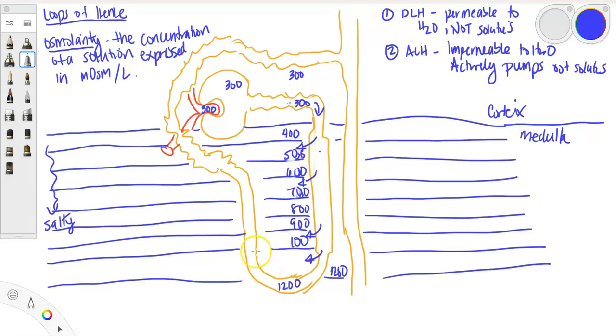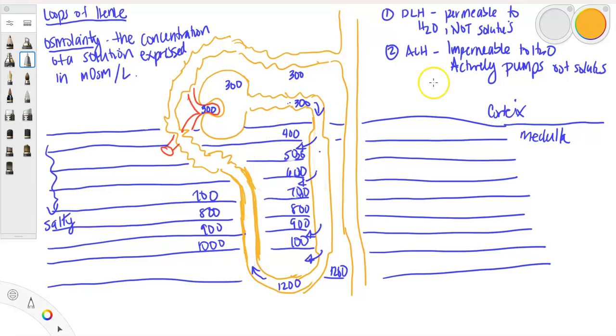Okay? So we make the hairpin turn and we enter the ascending loop of Henle. So we're going back up. Here's 1,000, 900, 800, 700, and so on, up. So as we go up here, now the walls are impermeable to water. Water can't leave now. So whatever water is left in there is in there.